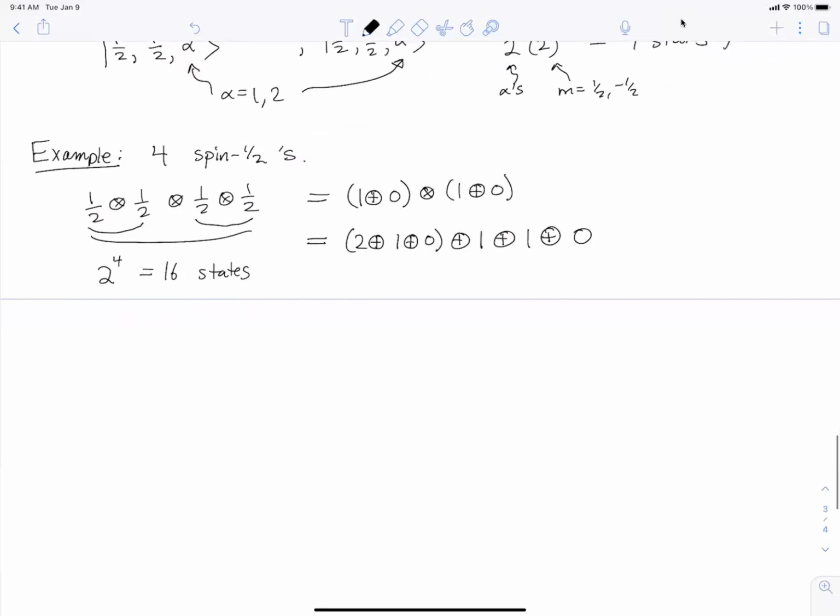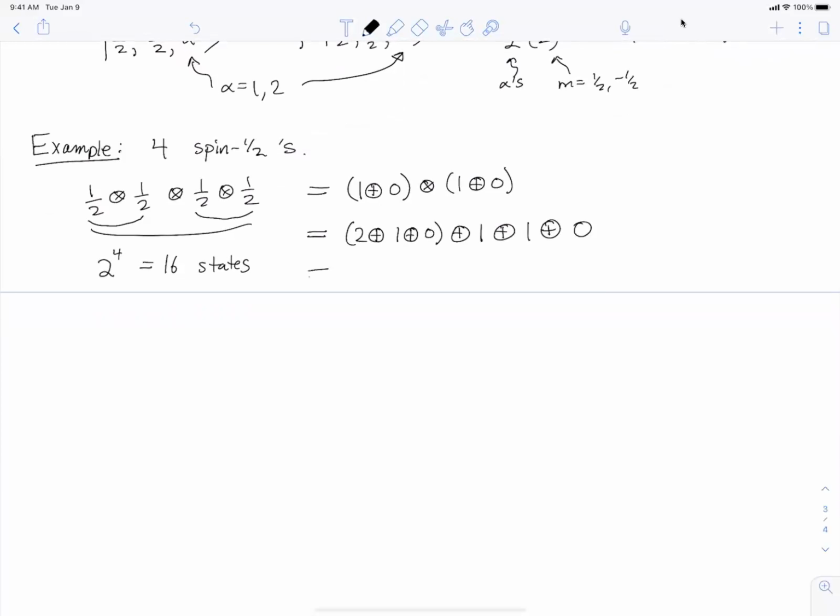And so now if I just remove the parentheses and put these all in the same order, that's telling us that there are 2 and 1 and 1 and 1 and 2 angular momentum 0 components to this thing.